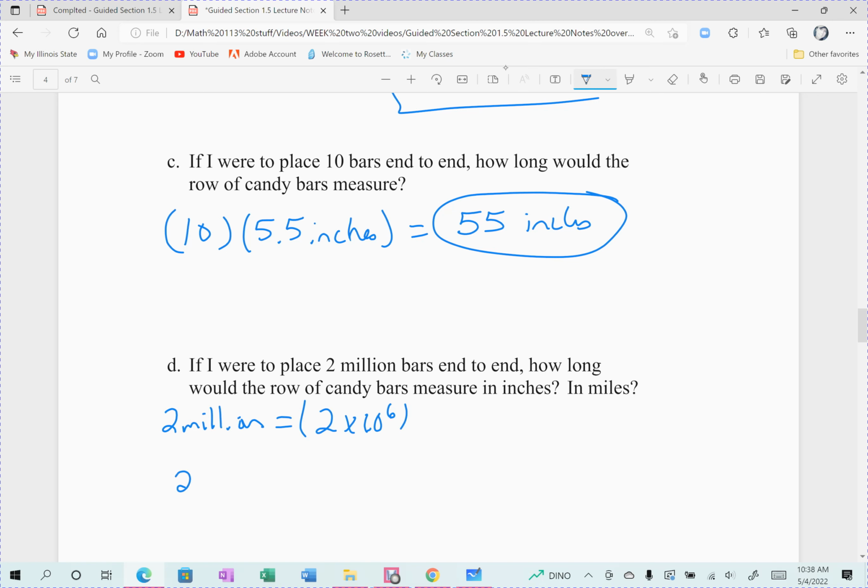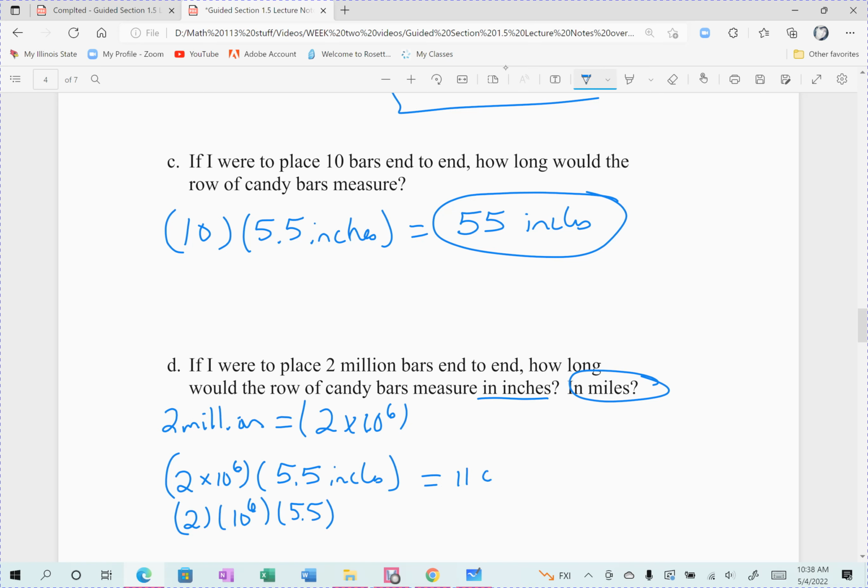So there's the 2 million candy bars, each of them 5.5 inches long. When we line them up end to end, how many inches would it be? And then we'll convert it to miles, so we're going to have to do that miles conversion again. Remember, you literally take your calculator, 2 times 10 raised to the 6 times 5.5.